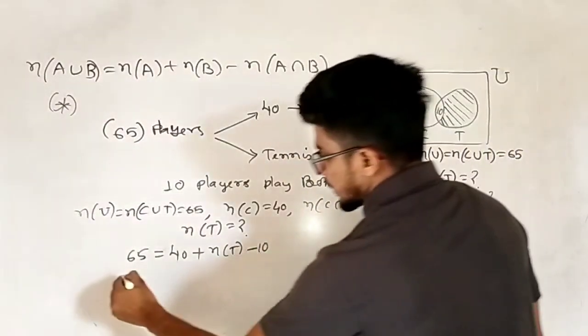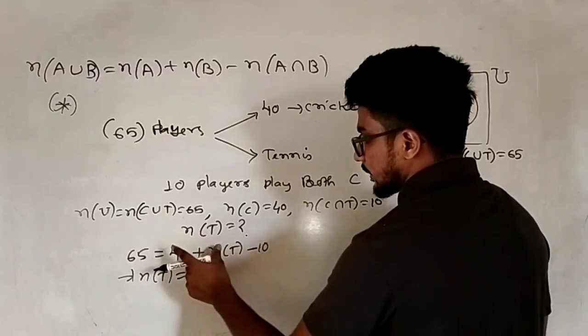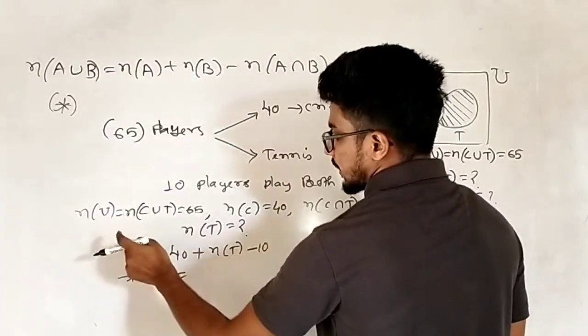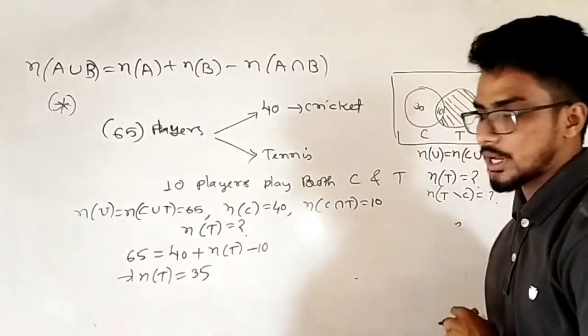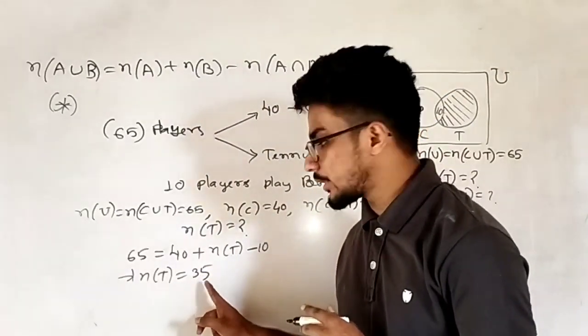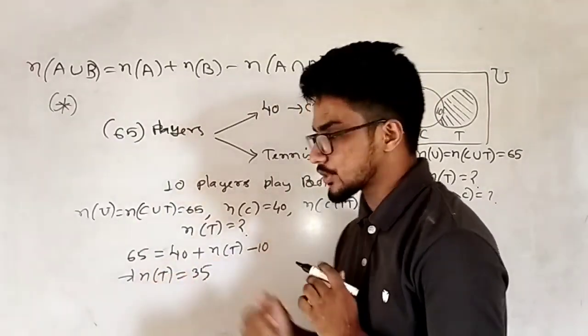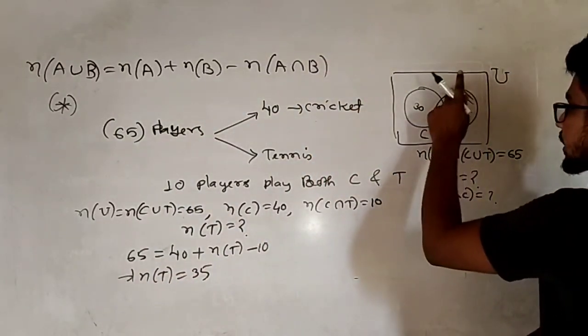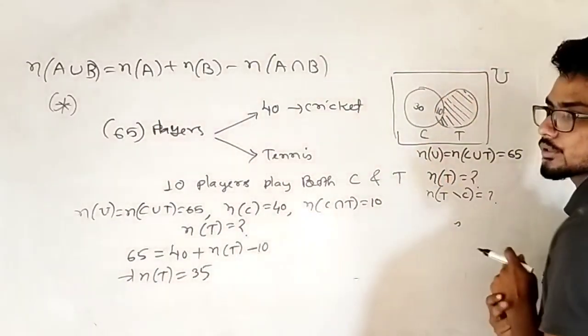So calculating, we get n(T) equals 40 minus 10 equals 30, and if we take 30 to the left side, then 65 minus 30 equals 35. That means 35 players will play tennis. In this whole set there will be 35 members.